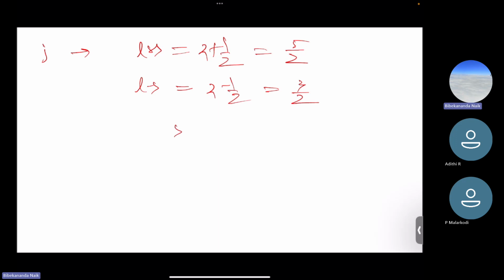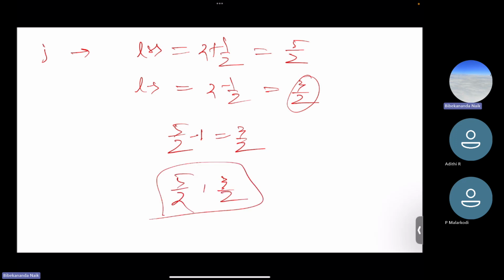We start from 5 by 2 and subtract 1, and we reach 3 by 2. So we have only two values, 5 by 2 and 3 by 2. 5 by 2 belongs to L plus S and 3 by 2 belongs to L minus S. The increment of 1 is feasible only when we have some other values of S and L.